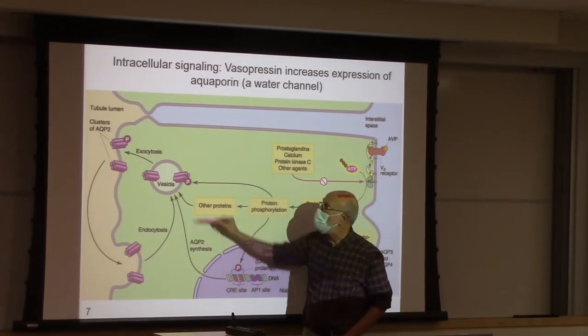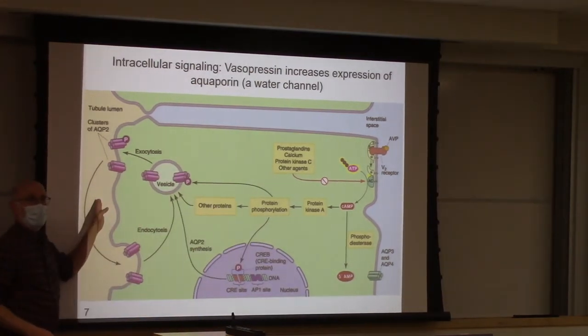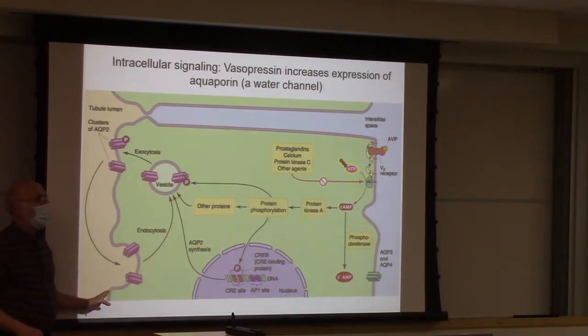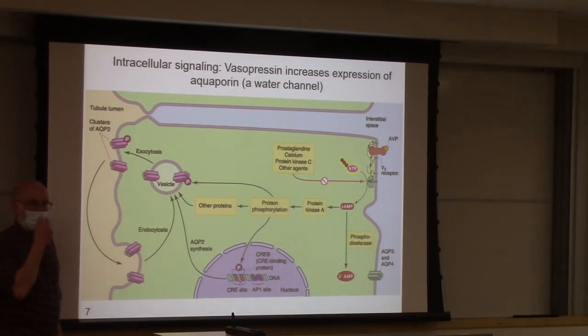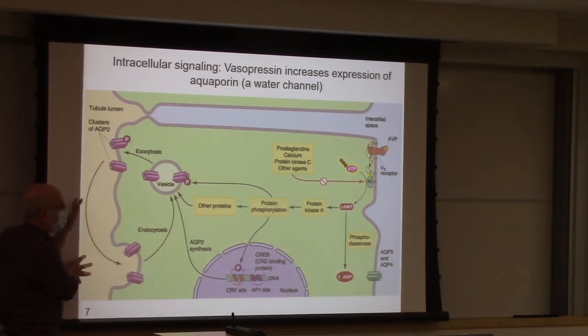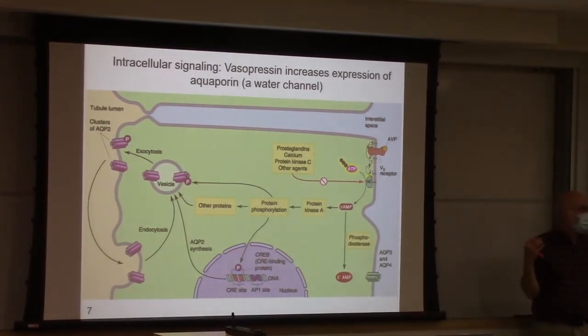So we make more aquaporin, and then we exocytose more aquaporin in order to increase the expression of aquaporin in the apical membrane when there is vasopressin. And remember, now we're moving water from urine into interstitium and into blood.